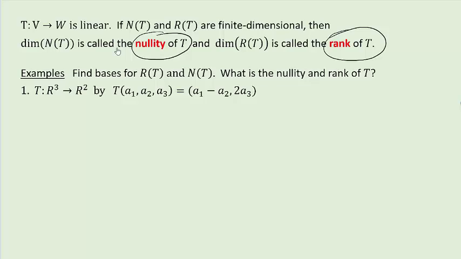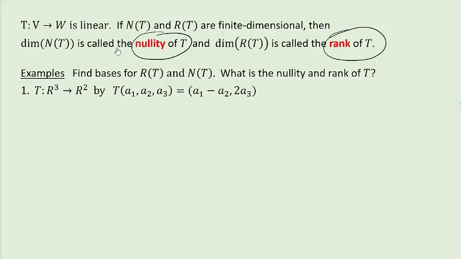So now we'll do 3 examples. In each case, find the basis for the range of T and the null space of T. And then answer the question, what is the nullity and the rank of T?